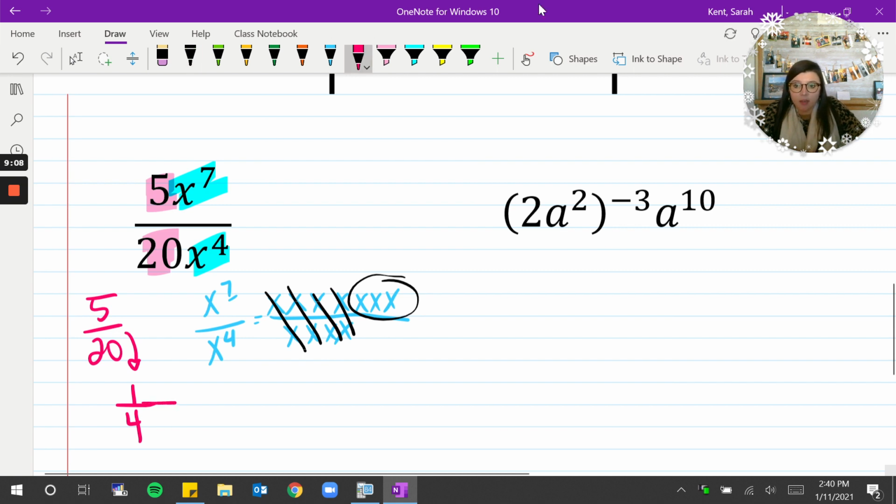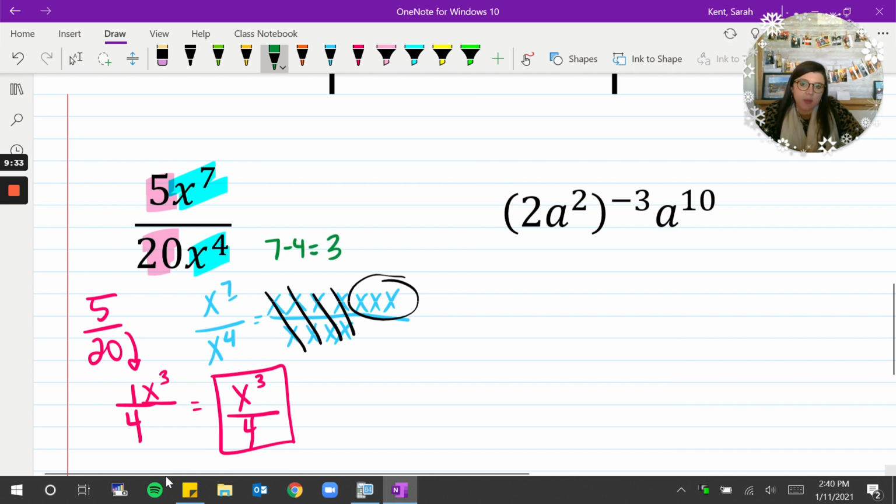So I can say I've got 1 over 4, and then these 3 are on top. So I want to keep those 3 on top. You don't have to put the 1. I could also write this as x to the power of 3 over 4. And if you wanted to subtract these, you could do 7 minus 4 gives me 3, so x to the power of 3.